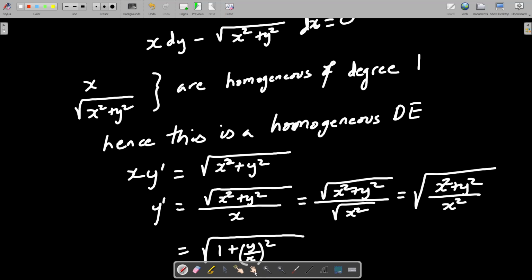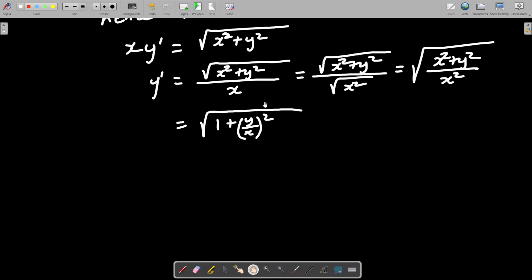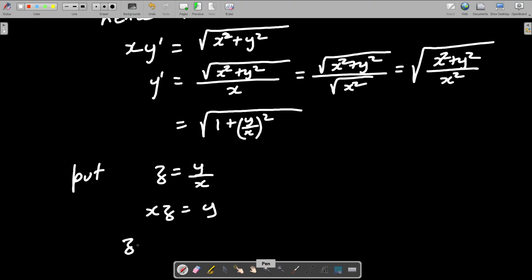So the same substitution as last time. Put z is equal to y by x. So this will imply y equals xz. So you get z plus x times dz by dx equal to dy by dx.